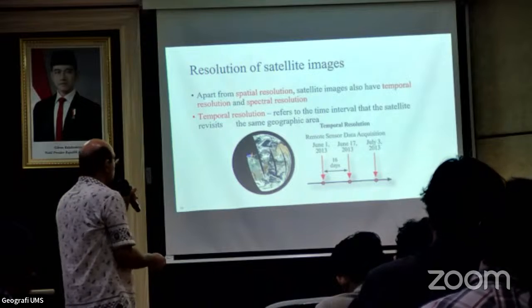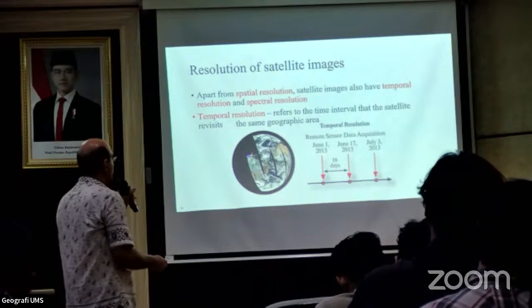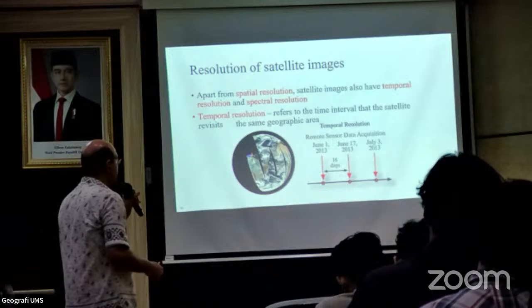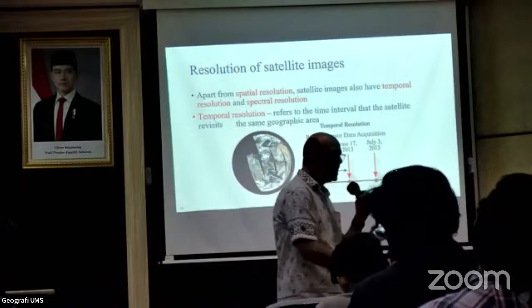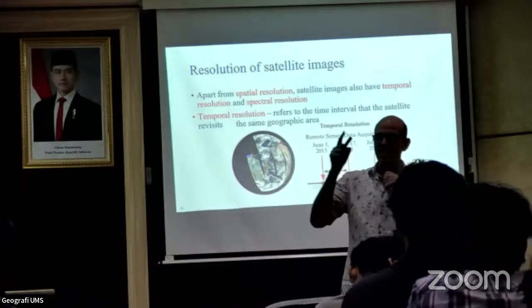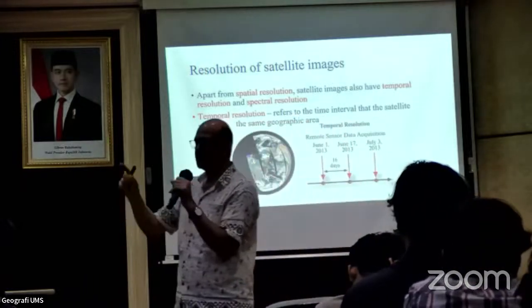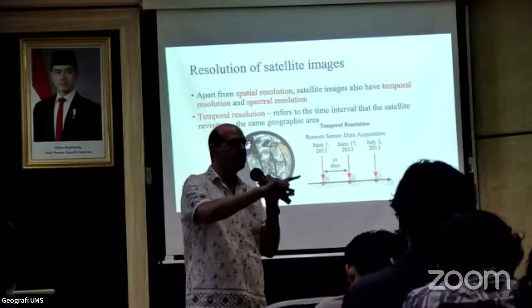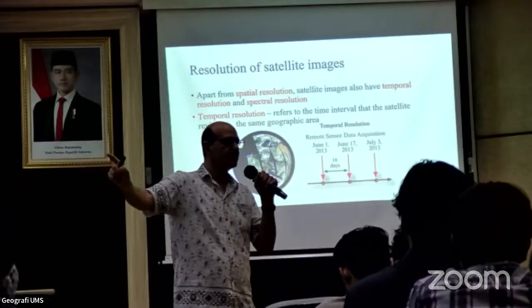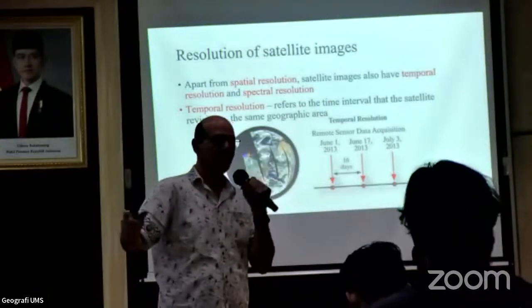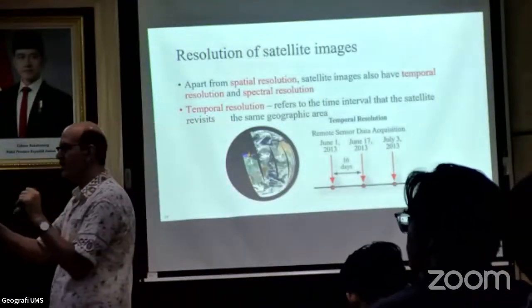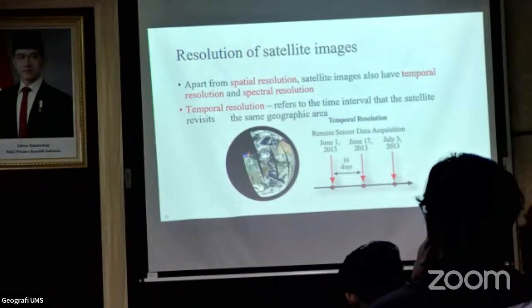So this particular satellite goes around the Earth every 60 days. Time resolution and space resolution together make what type of resolution? Spatio-temporal resolution. And in raster data sets, we normally deal with spatio-temporal resolution.